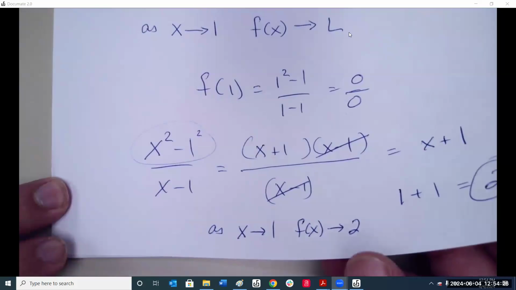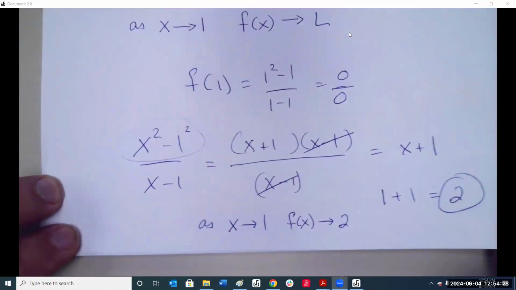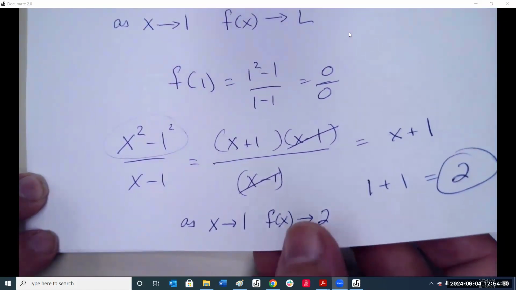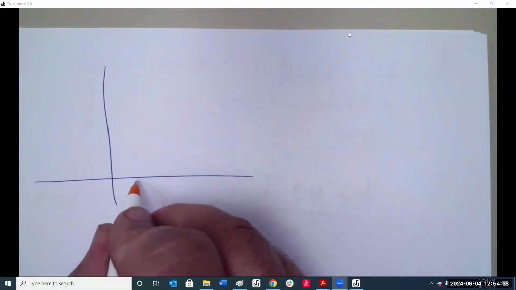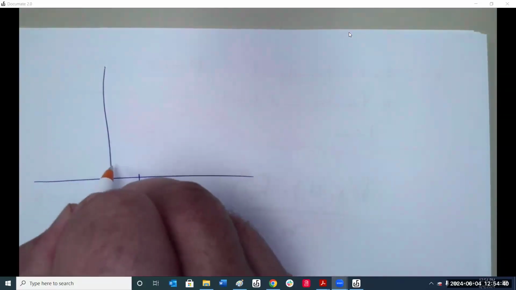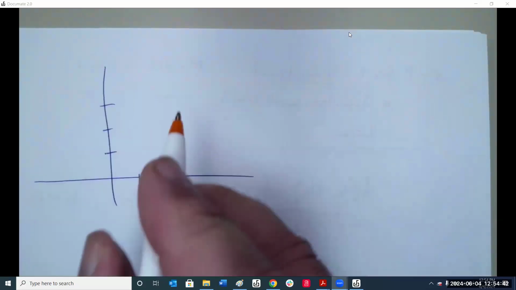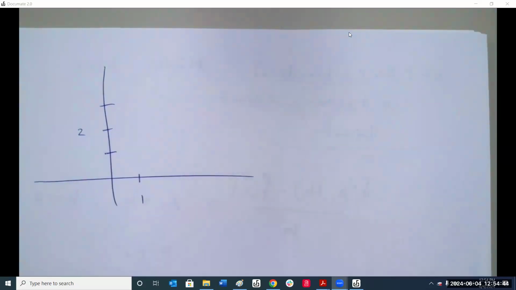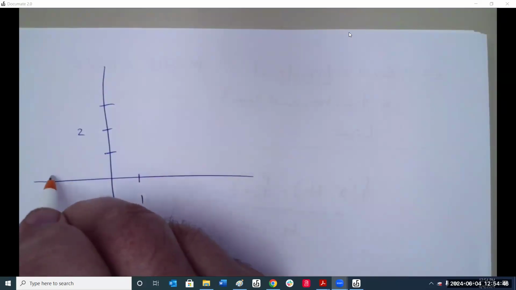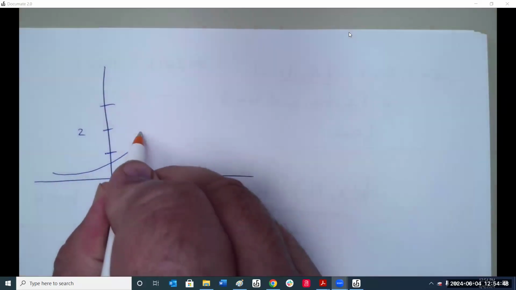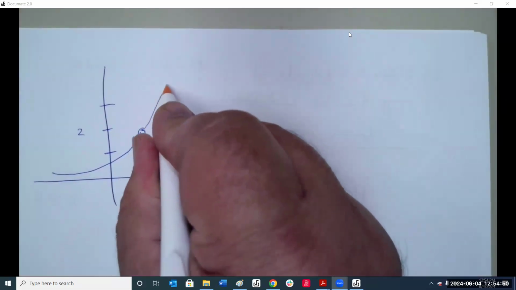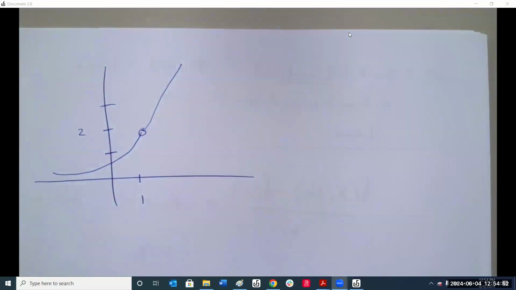Graphically, what this would tell us is this. Our curve, no matter what the graph looks like, it will look like this.